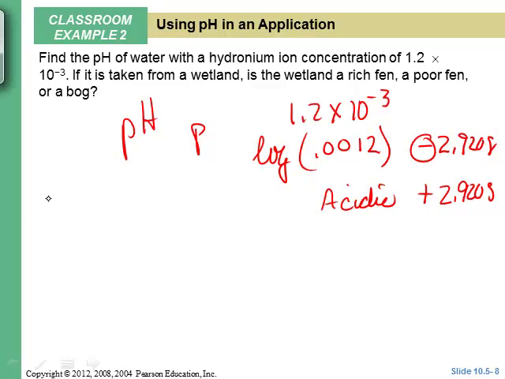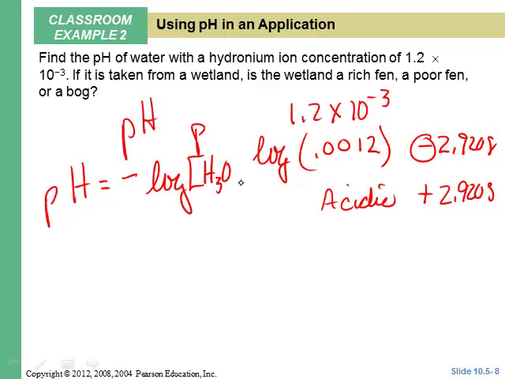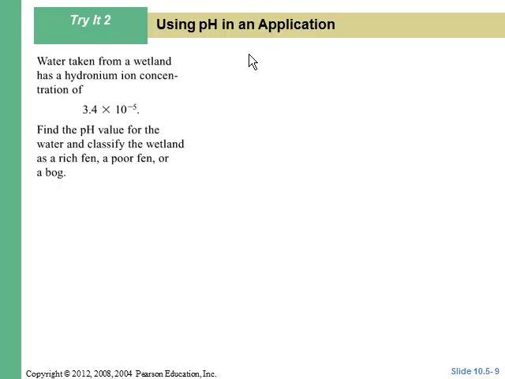So pH is the negative of the log of the hydronium ion concentration. All this whole stuff here stands for hydronium ion concentration. Okay, so you do this one.